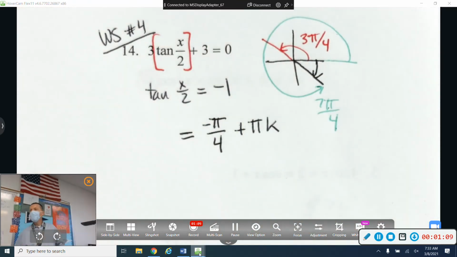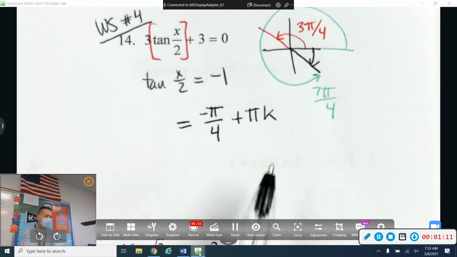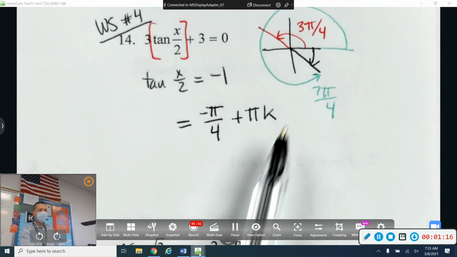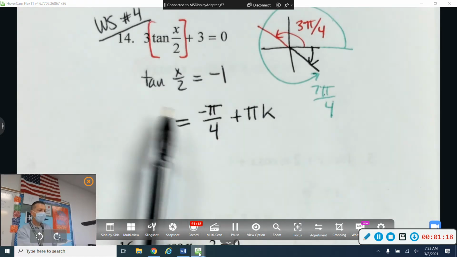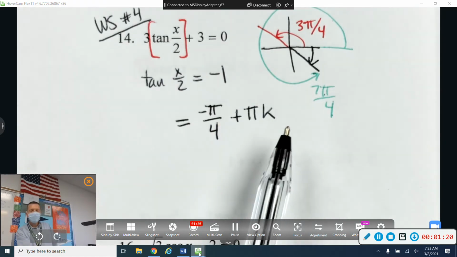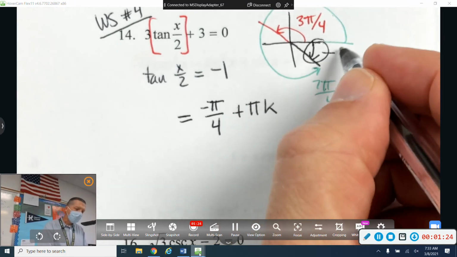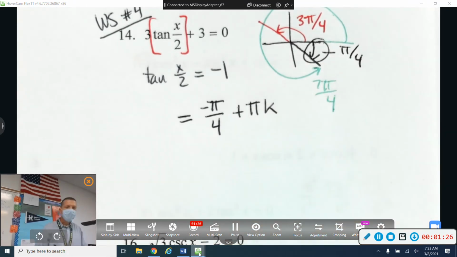Any of those are okay places to start, because when we add pi k, we get all the others. So take your pick, whichever one you see first will work for an equation. Now, if this was an inverse tangent problem, we'd have to pick this one, which is why I picked it. But since we're getting all of them, you could have picked any of them.